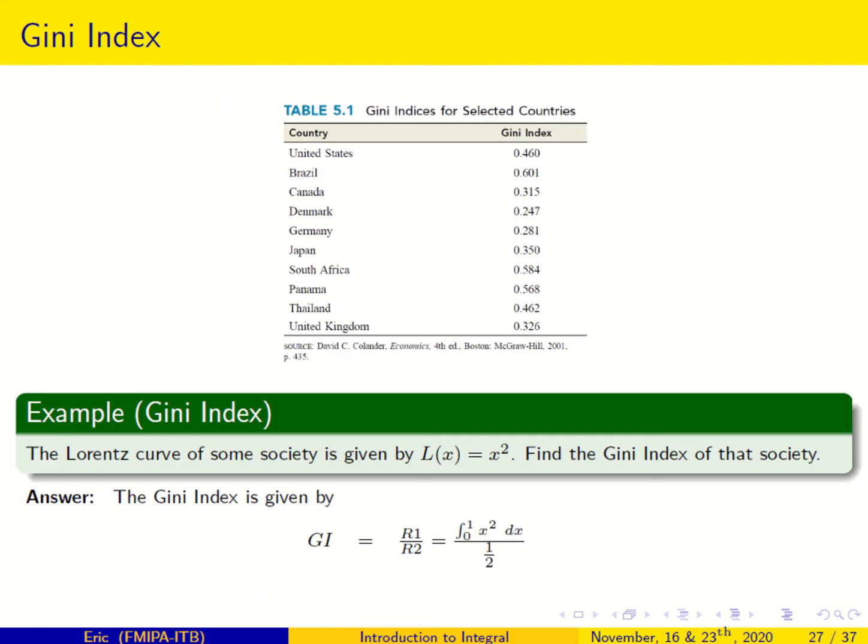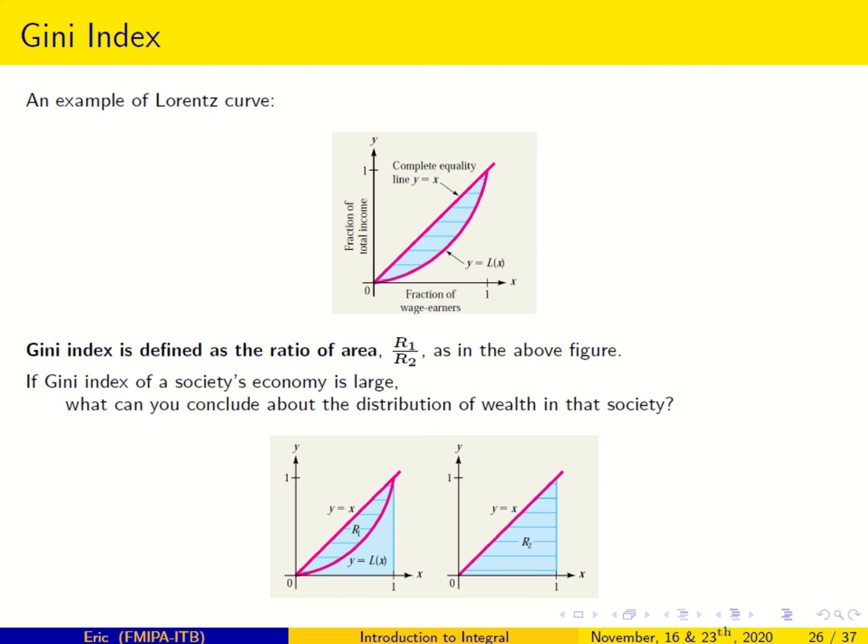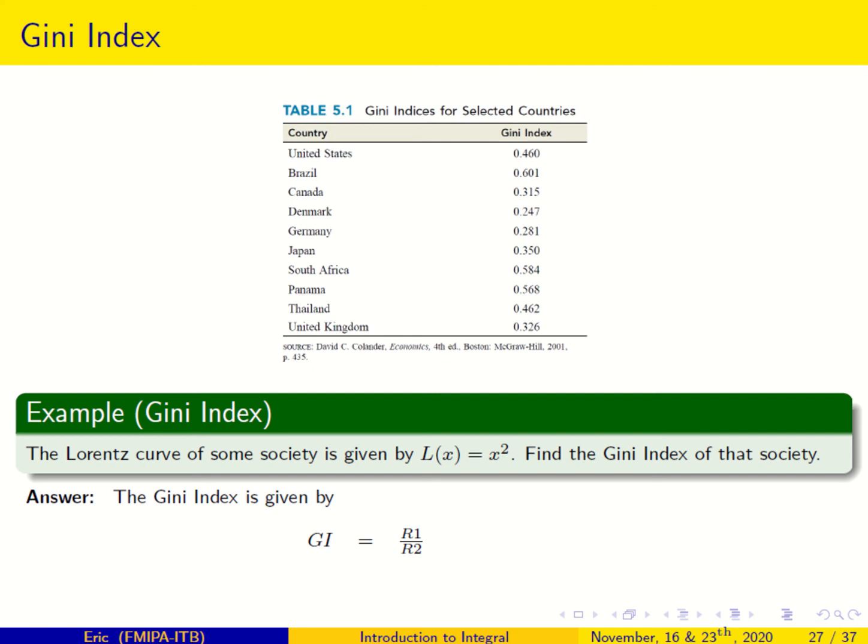So R1 should be, this is x squared, I think this is wrong. R1 should be x minus x squared instead of x squared. So it should be x minus x squared divided by R2.